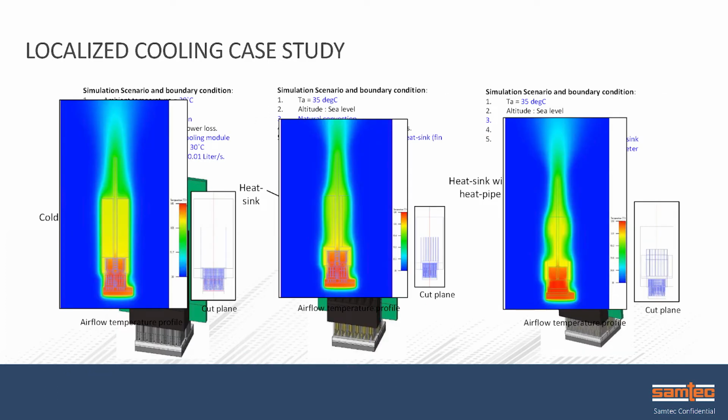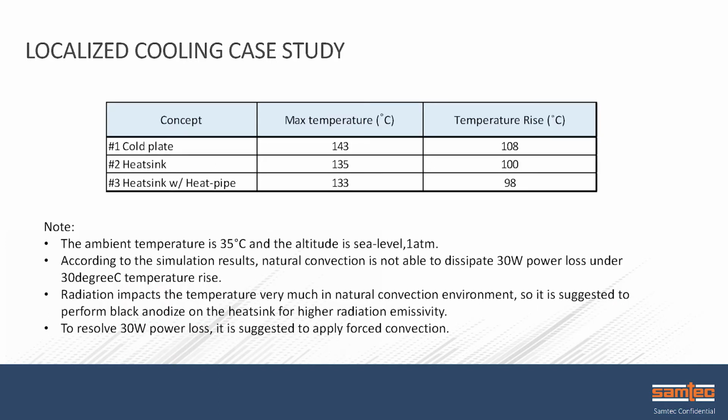We created 3 different scenarios with different boundary conditions to look at where the heat goes and how we can apply localized cooling to isolate that heat and remove it without incorporating the entire system into a cooling system. The 3 options we chose were applying a cold plate, a heat sink, and a heat sink with a heat pipe attached, to try to keep our maximum temperature down to fit the customer's application.